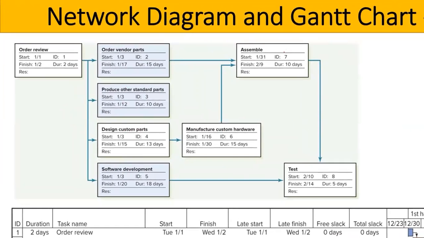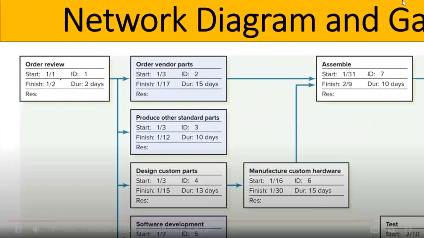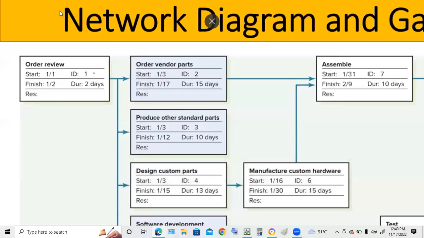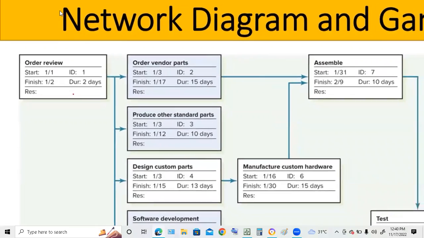So we've got a few different paths through this network diagram. As we saw before, this network diagram shows the start and the finish dates, and it's given an ID number and a duration of 2 days. RES means resources, so we could have put resources in here like a team or a person's name or some equipment, whatever resources we thought might be required.